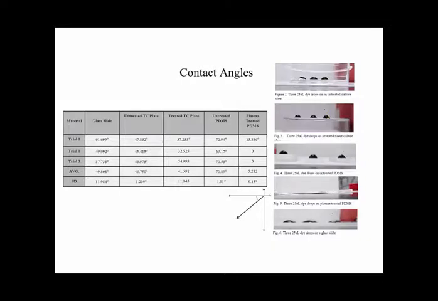The students also learn to characterize the surface properties of cell culture substrates by looking at contact angles of liquids. And this will tell the students as to whether a surface is hydrophilic or hydrophobic, meaning whether the cells like to grow on the surface or not like to grow on the surface.